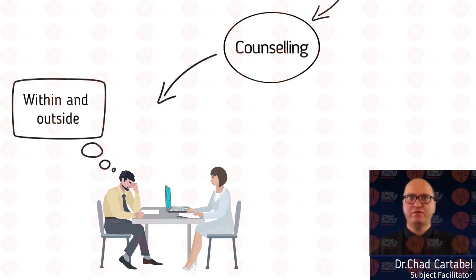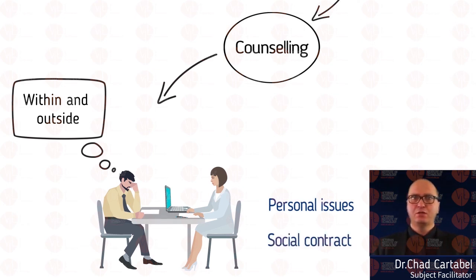So we have to identify and counsel, maybe on personal issues. Sometimes we discredit this and think that it is the employee's job to deal with them before they come in 9 to 5. However, going back to the social contract that we discussed, it is also a responsibility for the employer to make sure the employee is at a comfortable level to be able to achieve their objectives.